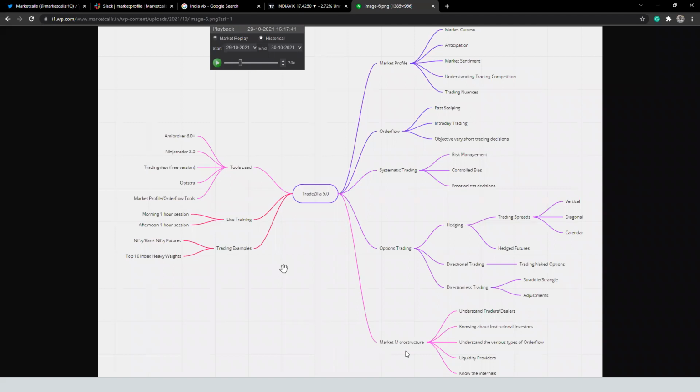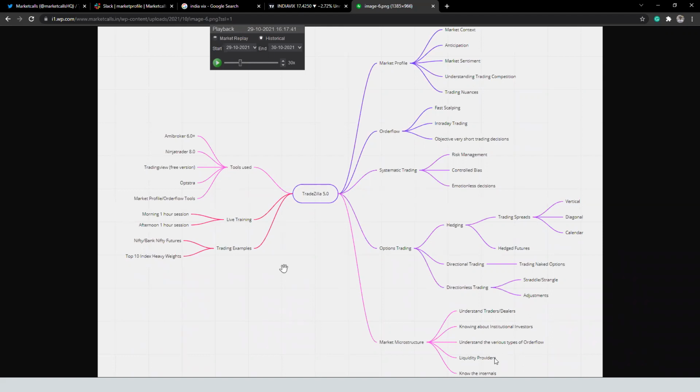And finally, market microstructure, one of my favorite subjects, which is very much connected to order flow. Though it is not directly connected, it is indirectly connected to order flow. But it gives an ample amount of information about how you should see the markets: how the dealers trade, how the wholesale dealers trade, how the institutional investors trade in the markets, what kind of technology they use, and the various types of order flow, how the order flow gets generated, who the liquidity providers are, how they manage their inventory, and how to know the market internals.